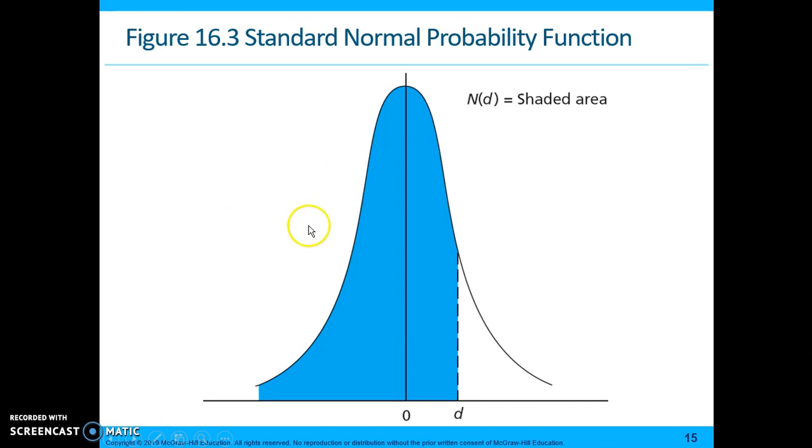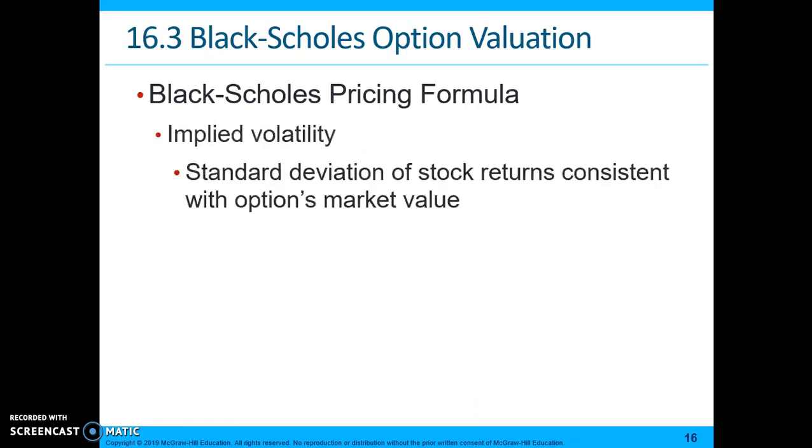So we look at a probability distribution, look at d here, the probability of a random draw less than d, again translating to the likelihood that the option will be in the money. So the greater this value, the more area is shaded, the greater the likelihood that the option is going to be exercised.